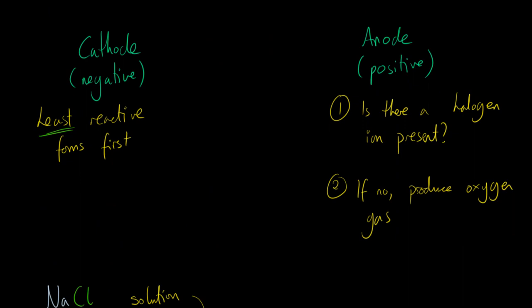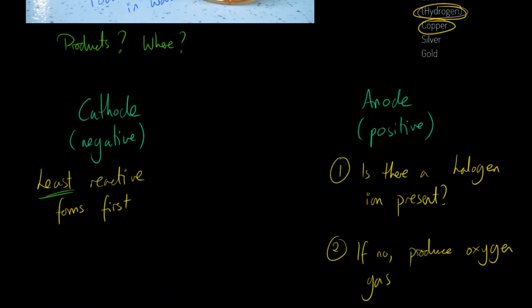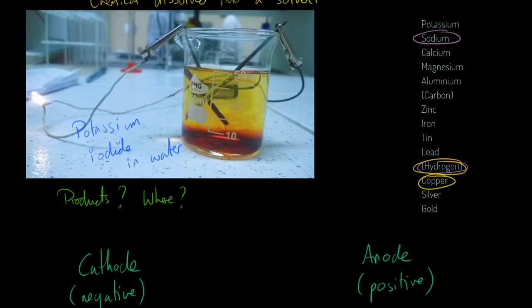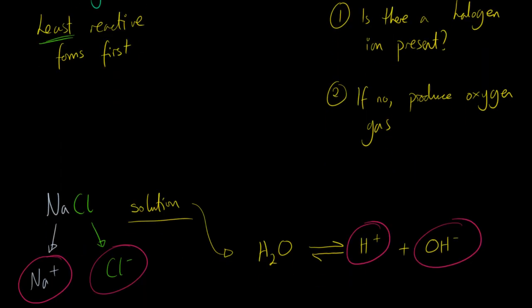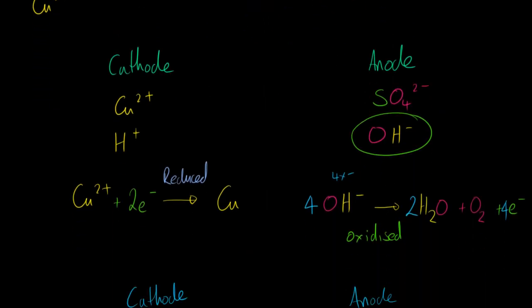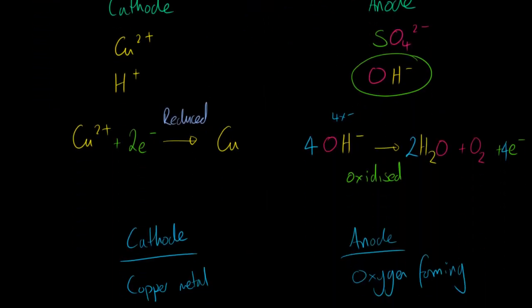At the cathode, the least reactive thing goes first, so that's a reactivity series 1. And the anode, there's just one question. If there's a halogen ion present, something like a chloride ion, that goes first. If not, then you produce some oxygen gas from your hydroxide ions. Thank you very much.